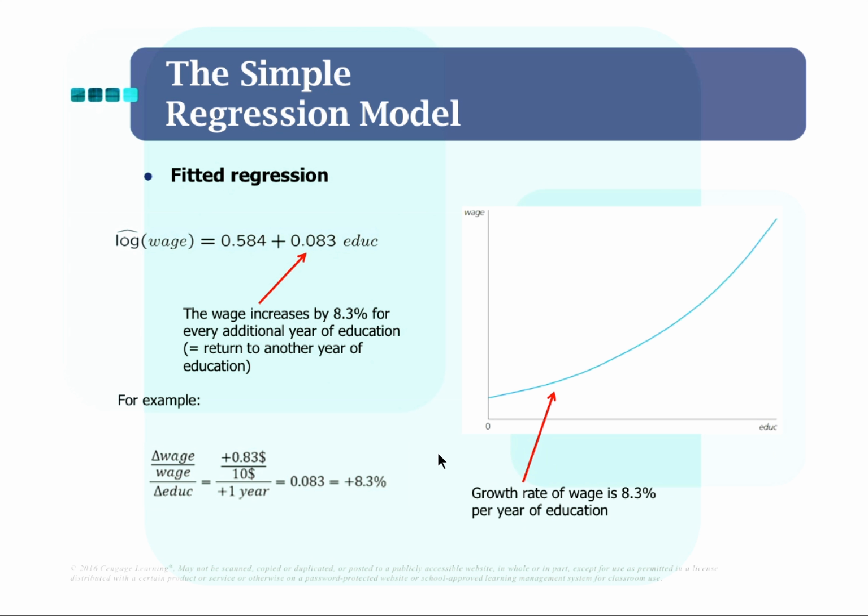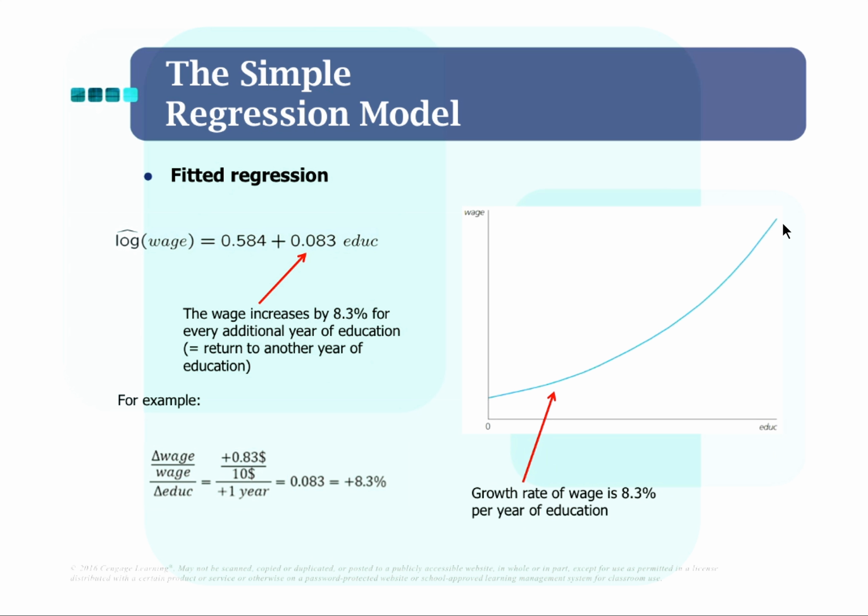And the graph, the relationship between education and wage, roughly looks like this. Okay, it looks like the exponential function. Okay? So it's kind of convex. Okay?